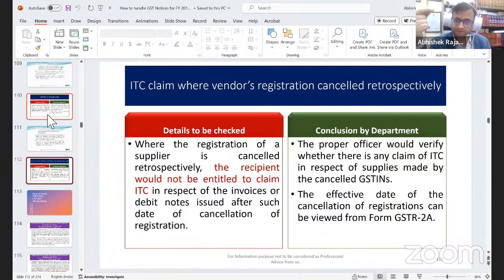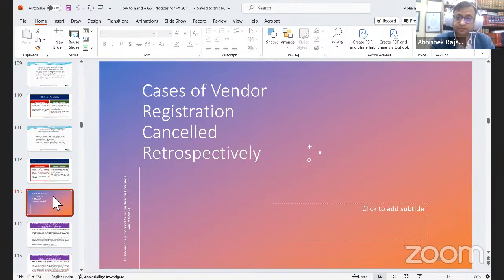You are in appeal. Order has been passed against you. Now you are asked to reverse the ITC liability and deposit it along with interest and penalty. For ITC, you have claimed for vendor registration cancelled retrospectively. Now the issue is this. So how will you handle it?